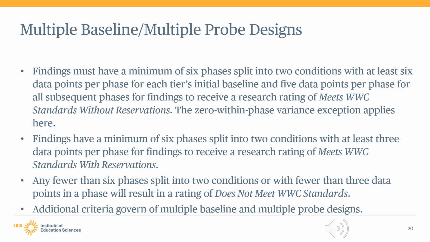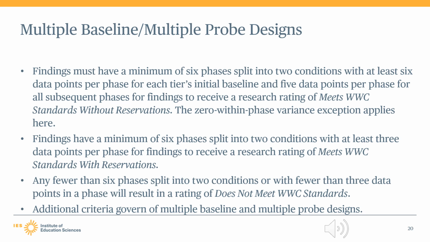Each tier's initial baseline phase must have 6 data points, and all subsequent phases must have at least 5 data points. Any phase with at least 3 data points and 0 within phase variance will also be sufficient to meet the requirements for the finding to receive a research rating of meets WWC standards without reservations.